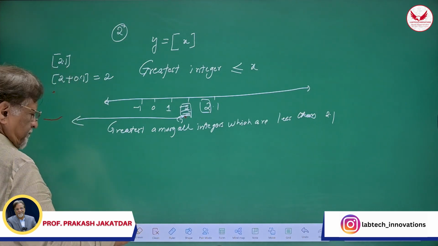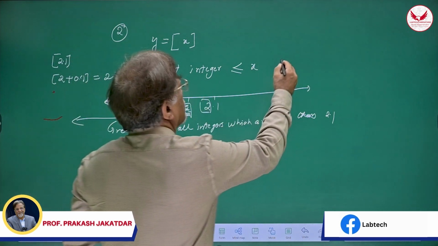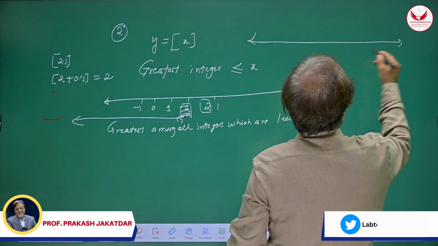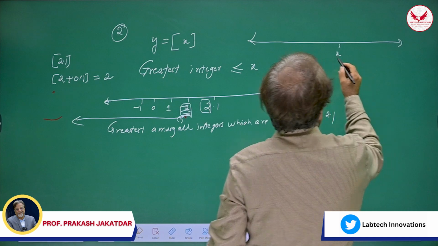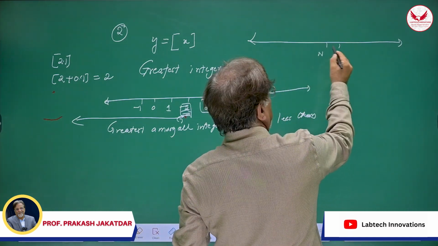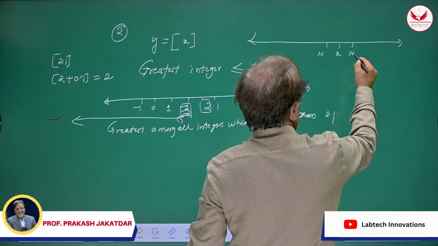So for example, you must have realized that any real number x lies between two consecutive integers. इससे पहले वाला एक इंटीजर होता है इमीडिएटली पहले वाला और दूसरा इमीडिएटली बाद वाला होता है.